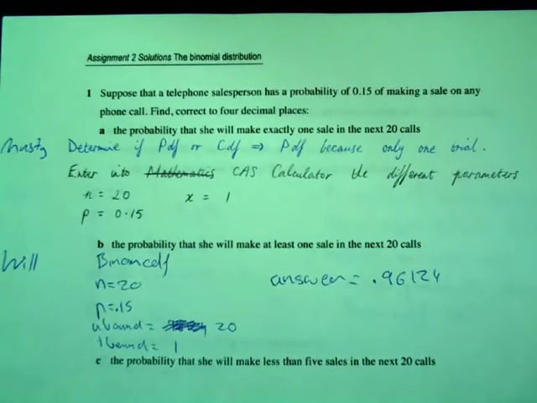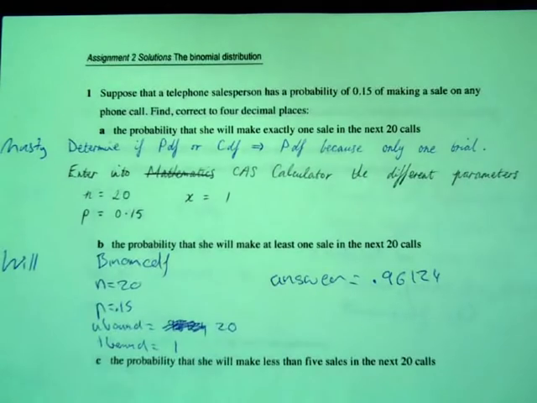Alright, first I read the question and determined what all the different parameters were. Then I looked at it to see if it was a PDF or a CDF, depending on if it was one trial or one or more, and it was a PDF.